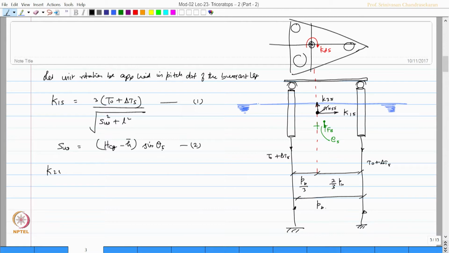K 2 phi will be 0 because there is no sway response in the buoyant leg due to unit pitch rotation of the buoyant leg.